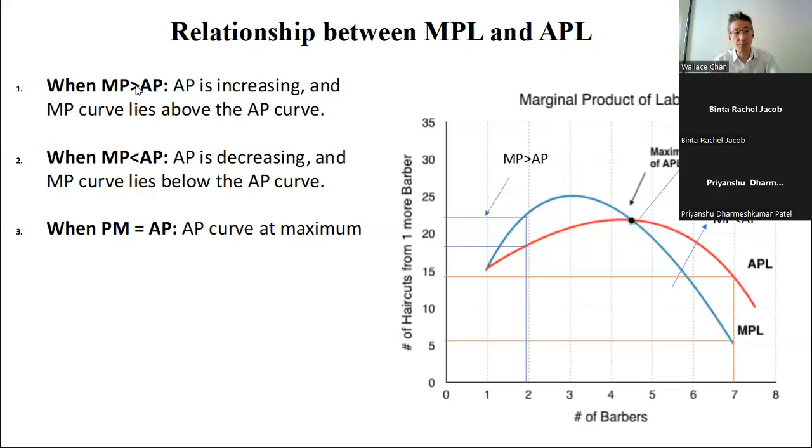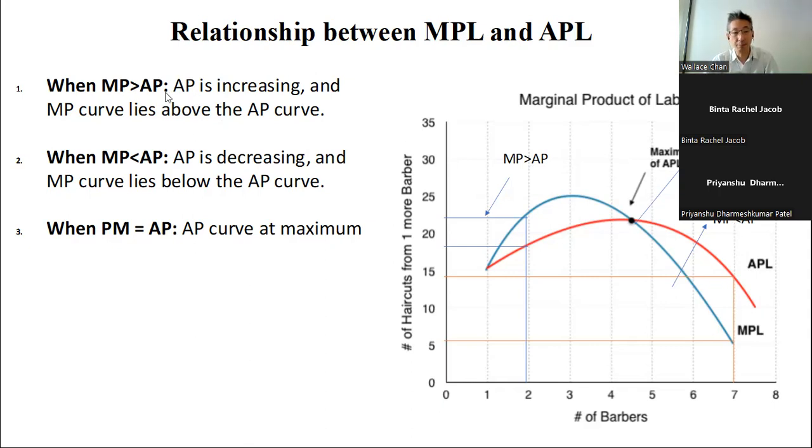When your marginal product is larger than the average product, if you look at the graph here, the AP, the average product, is increasing. Because whenever you add one more additional barber, the average would rise, because that additional barber contributes more than the previous barber.